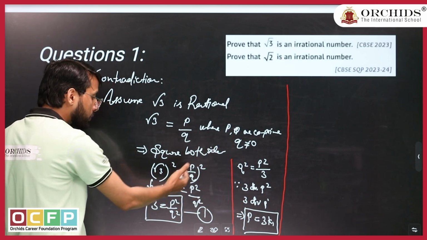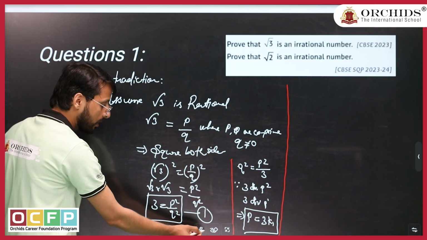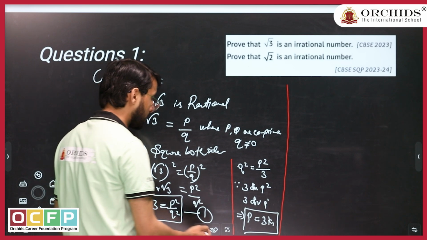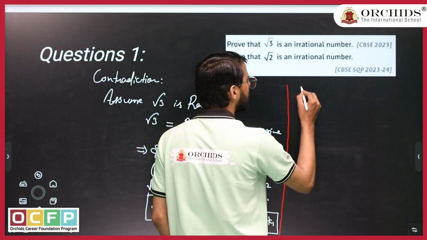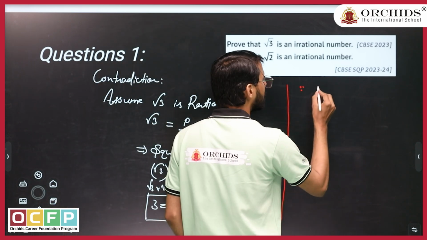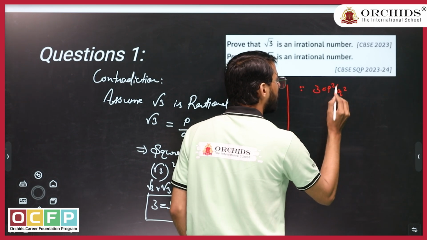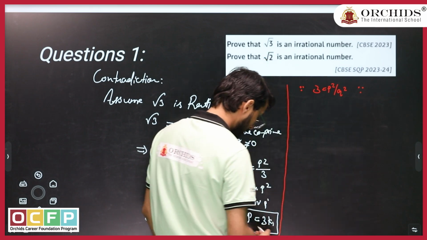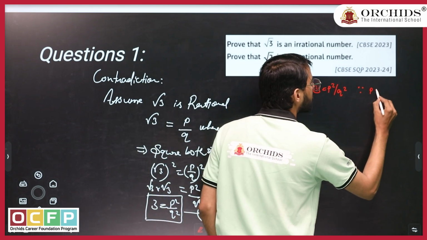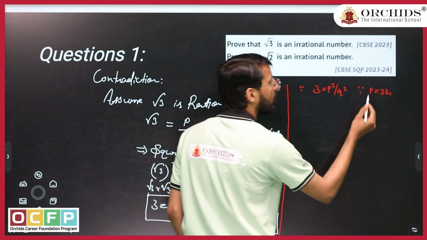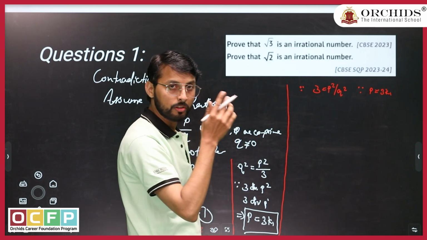This I am going to substitute in our equation 1. How to substitute? Let's see. Since we know 3 equals p square by q square, and we got the value of p as 3 times k1, now this value I am going to substitute in place of p.